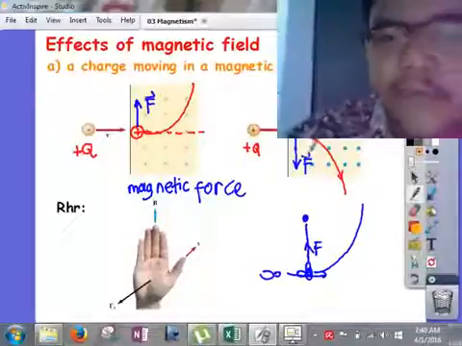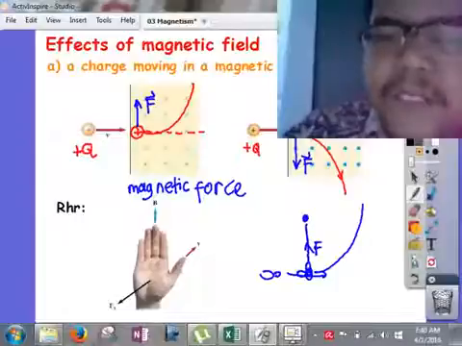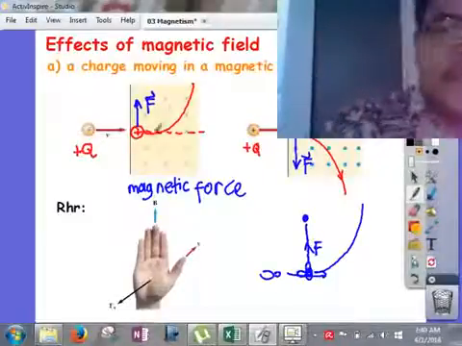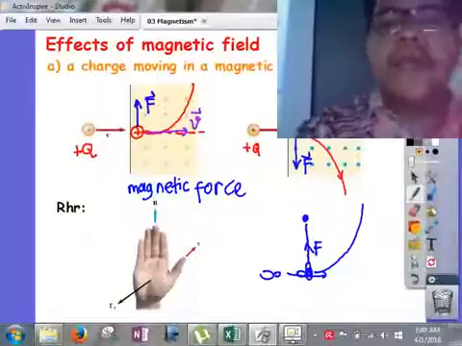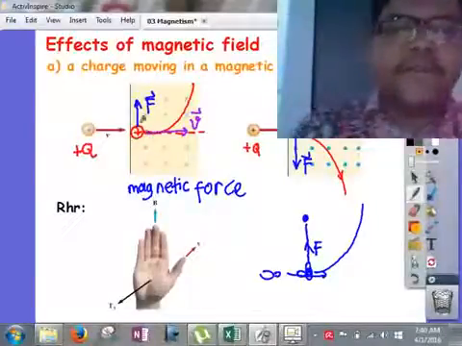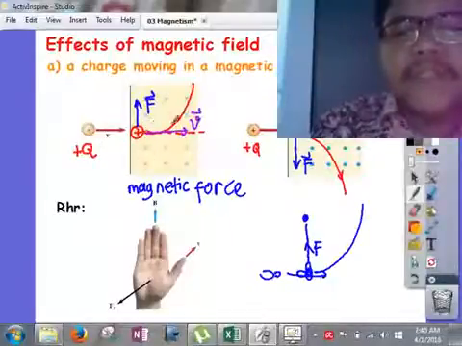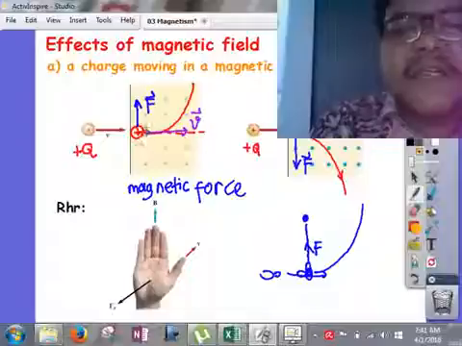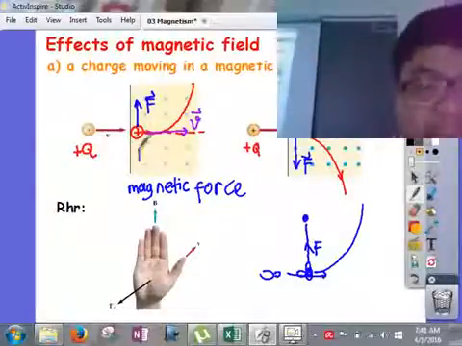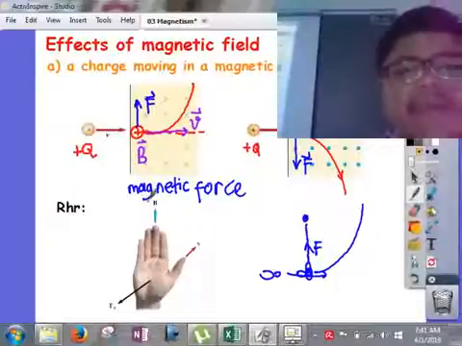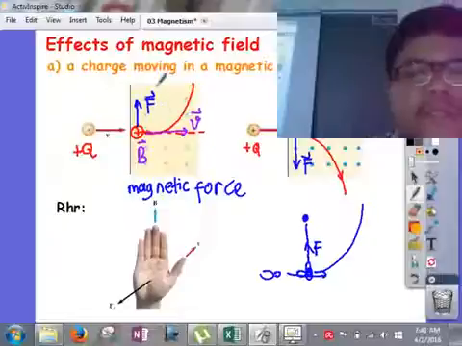So look here. On the left picture, the direction of velocity is to the right, and the direction of the magnetic field is inside the paper, and the force is this.